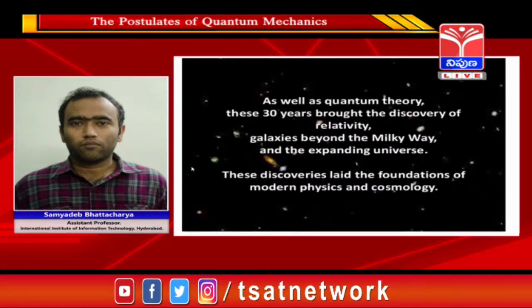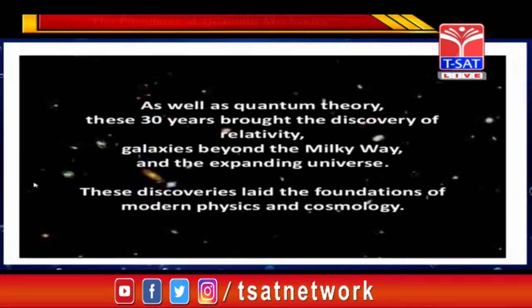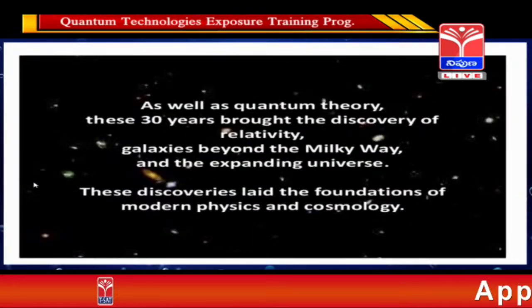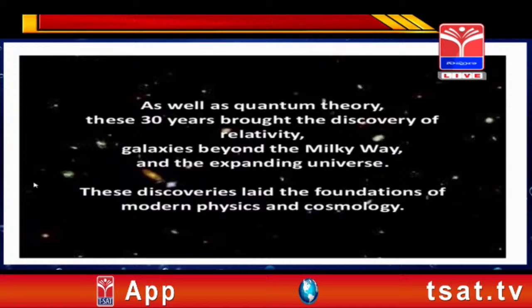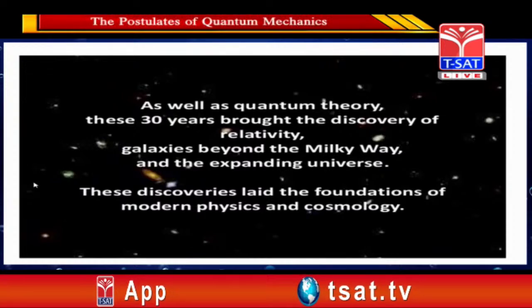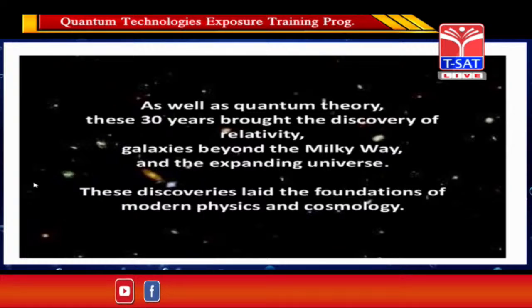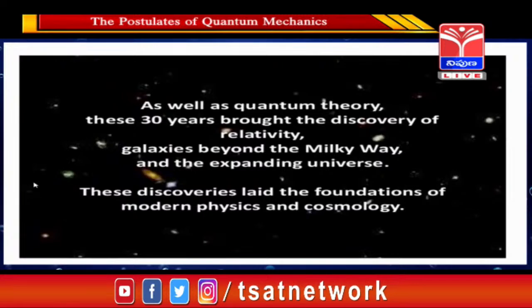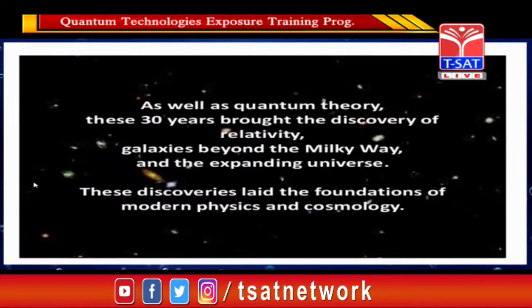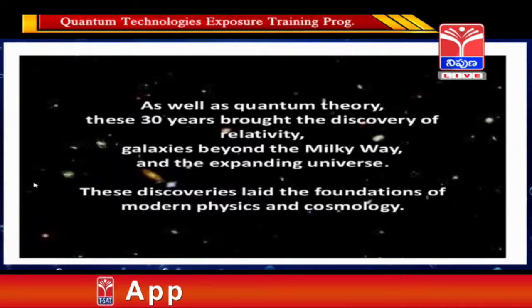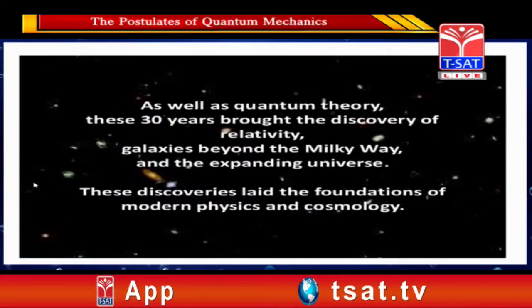At the time of the discovery of quantum theory, two separate, completely new theories were being developed. One is the theory of the subatomic universe, and another is the theory of the cosmological scale, huge scales, so we are talking about galaxies and stars and all that.